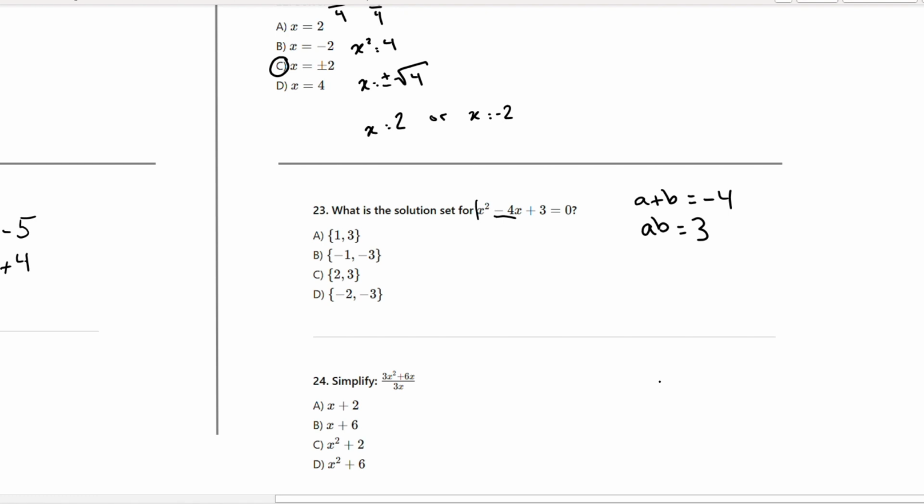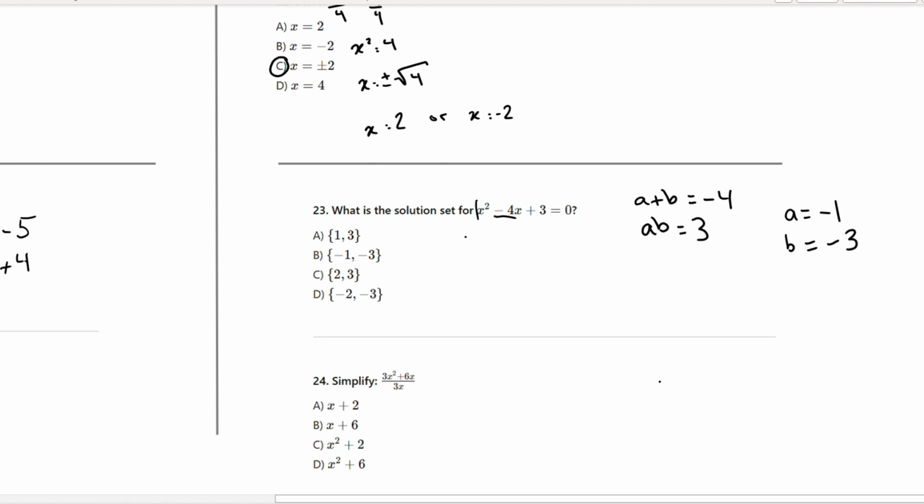So we could have the value a equals negative 1 and b equals negative 3. Negative 1 times negative 3 is positive 3, and negative 1 minus 3 is negative 4.